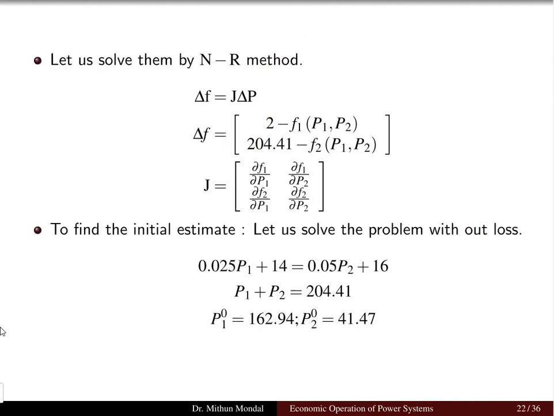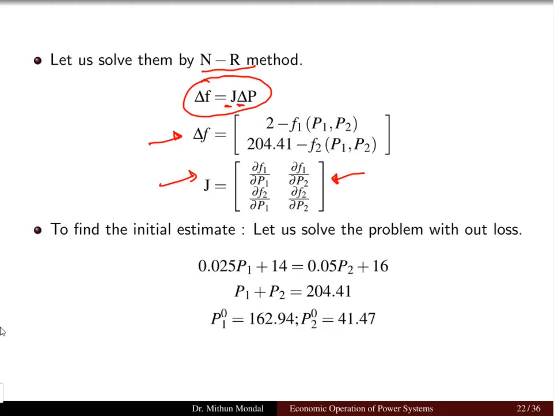We can solve these equations using the Newton-Raphson method, where we need to find the Jacobian matrix. The Jacobian matrix is again the differentiation of the fuel cost expressions with respect to P1 and P2. So from the first expression that we have derived, we can find out delta F. So delta F, the change in the fuel cost, is the Jacobian times the change in the power.